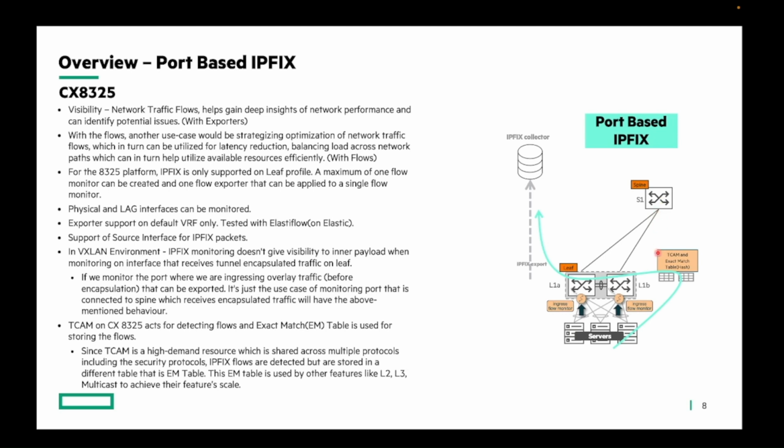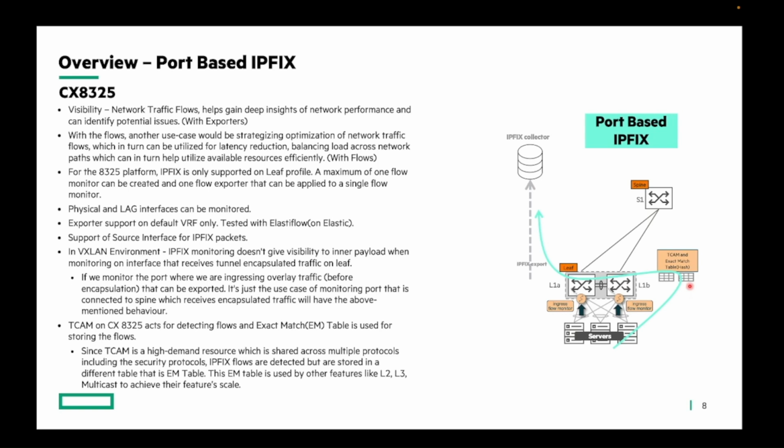TCAM on 8325s acts as detecting the flows, and the exact match table is used for storing the flows. That's why we use two tables. Unlike the port-based IPFIX on our campus environment, which is 6300, for example, where TCAM is used for both detection and storage, here in 8325 we are using TCAM for detecting the flows and the exact match table to store the flows.